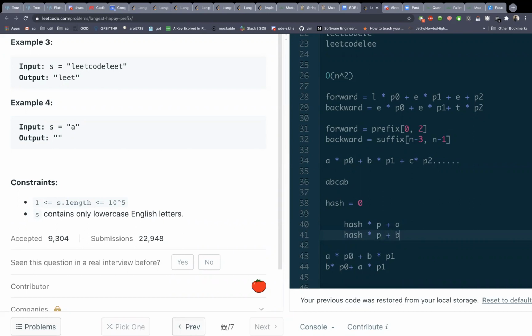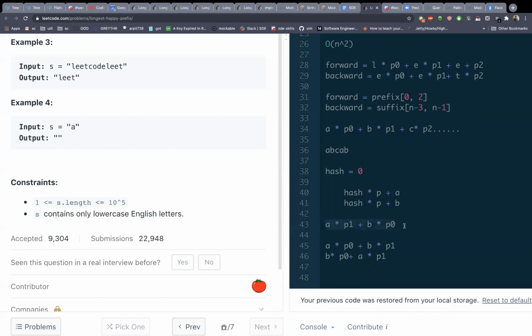Now what is happening is that when we multiply hash by P, we are raising the power of all the elements by P. So this will give us hash as A into P1 plus B into P0. Does that make sense?